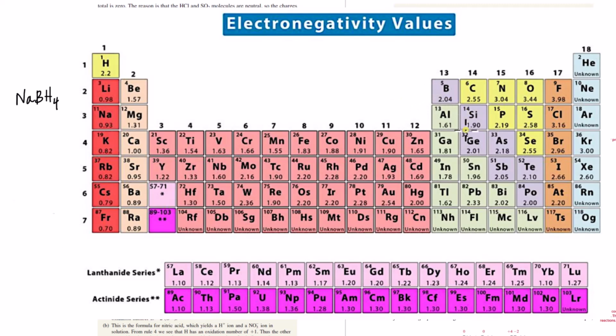So boron, silicon, germanium, arsenic, antimony, tellurium, all of these have lower electronegativities than hydrogen, except for astatine. Astatine is considered a metalloid. Astatine has the same electronegativity as hydrogen, but still the majority of the metalloids, all but one, are listed as having a lower electronegativity than hydrogen.